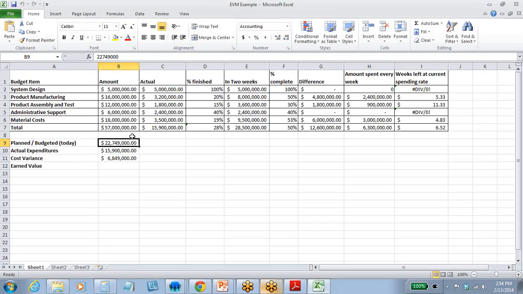So you had 28.5 million planned expenditures to date, and then you had actual expenditures to date. If you look at the handout, it says 28.5 million, which is your planned expenditures.